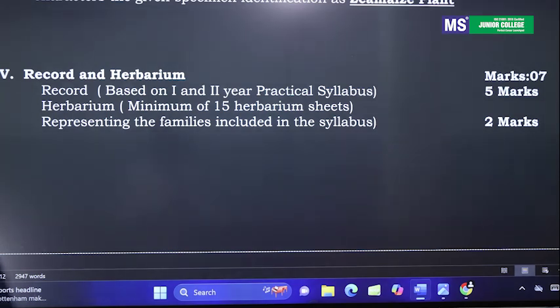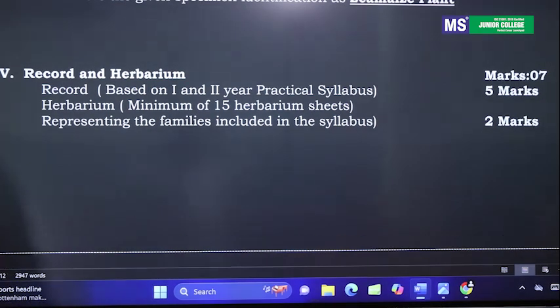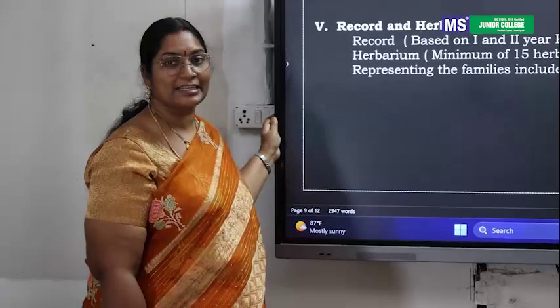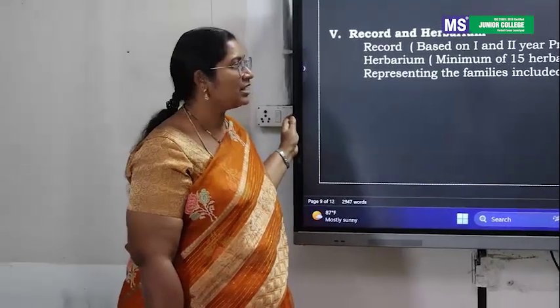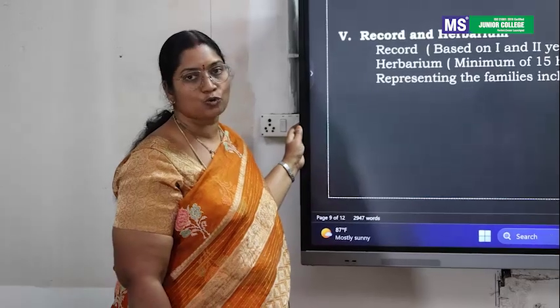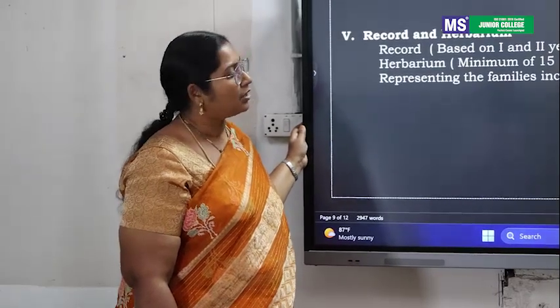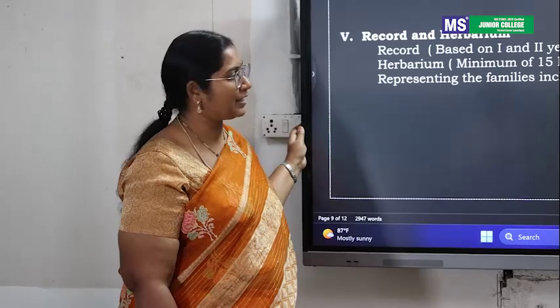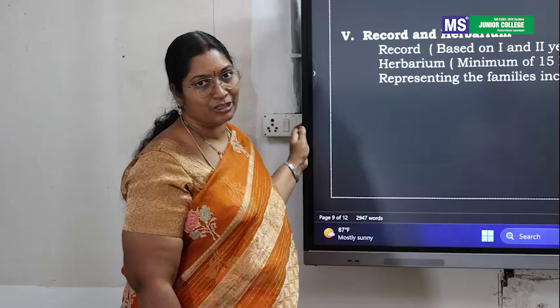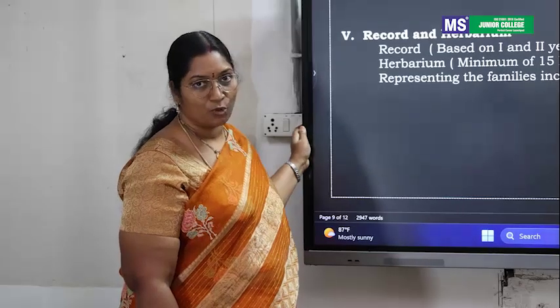Spotters total 18 marks, plus 5 for Record and 2 for Herbarium. Totally 30 marks you are going to score in this botany practical examination.